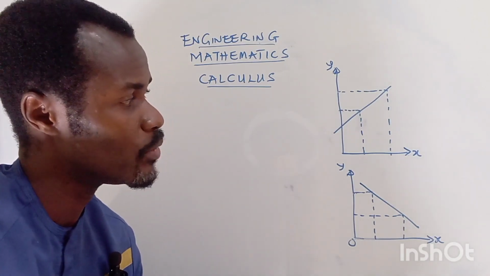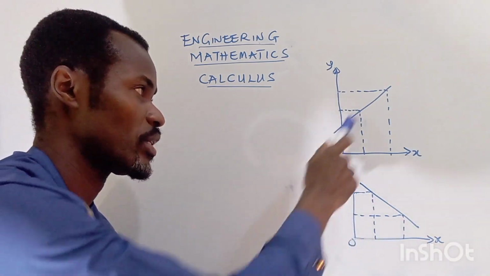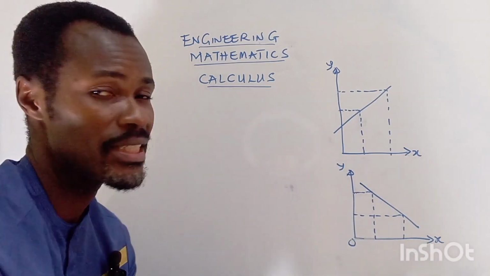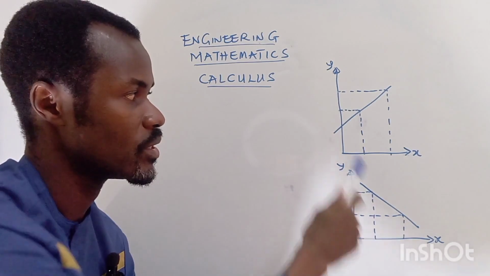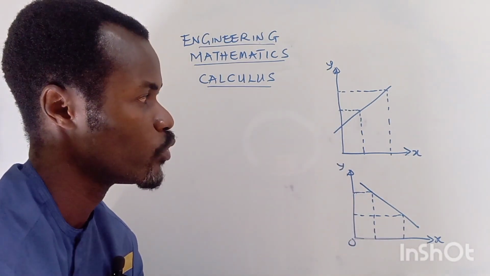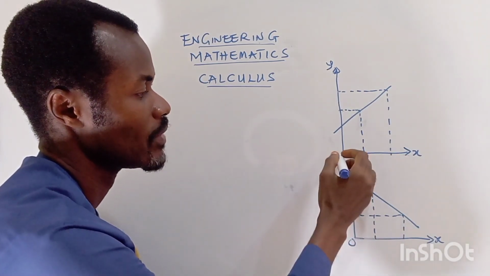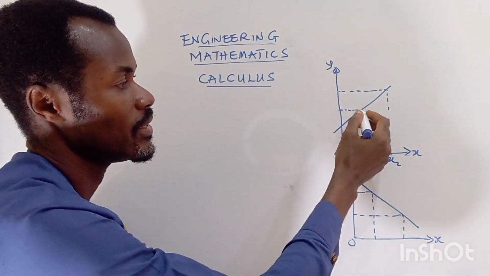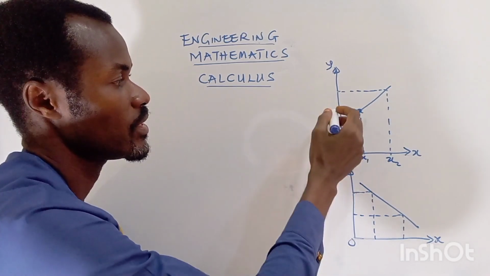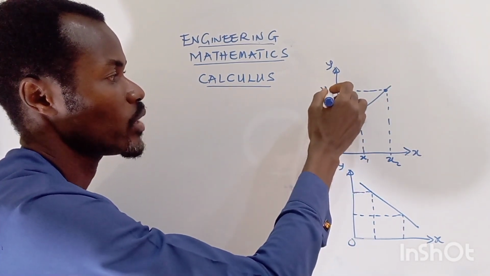If you look at the board, I have two graphs: one is going upward and one is coming downward. On this one, if I put the points, let's say this is x1, this is our origin 0, and this is x2, and this first point here we have as y1, and this point here we have as y2.